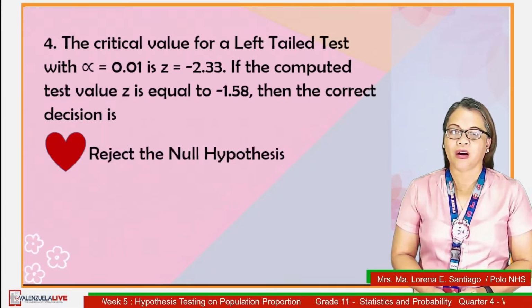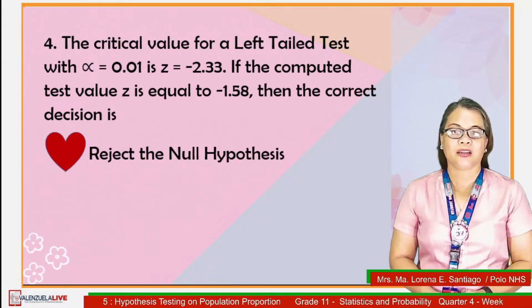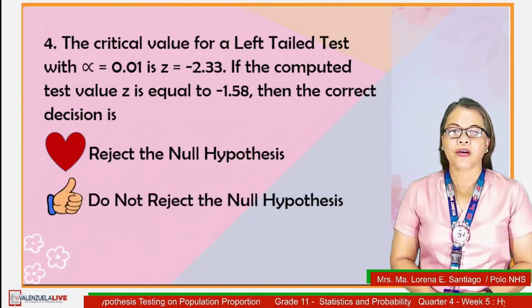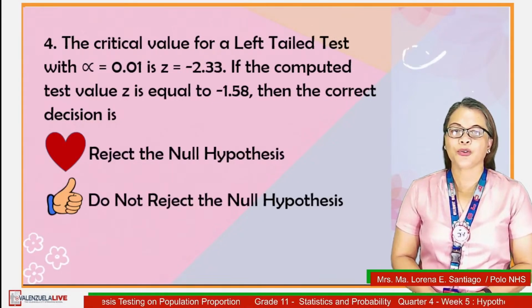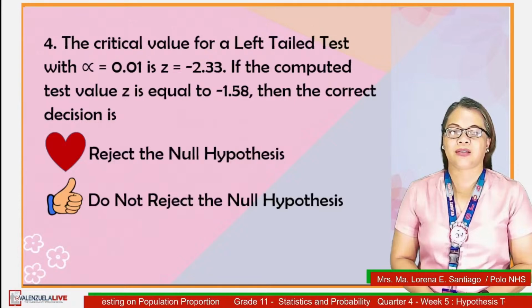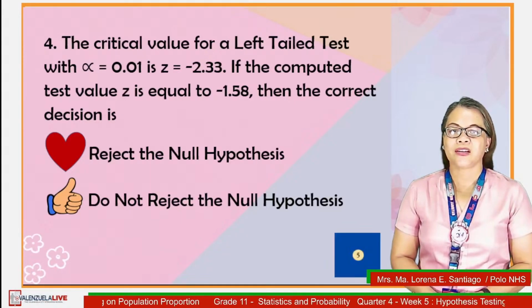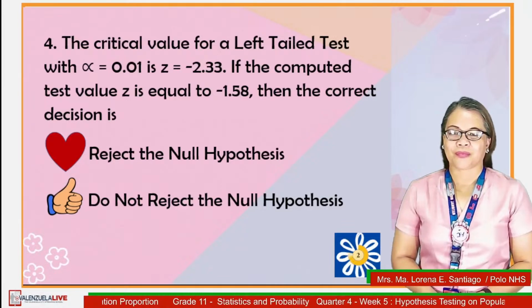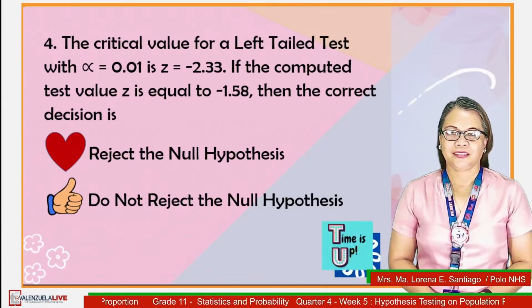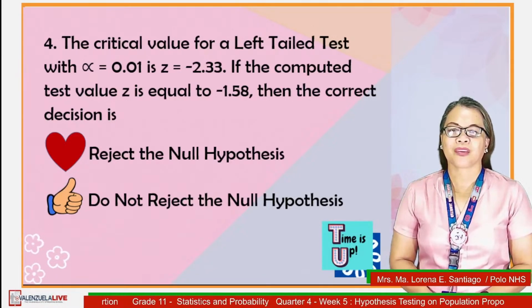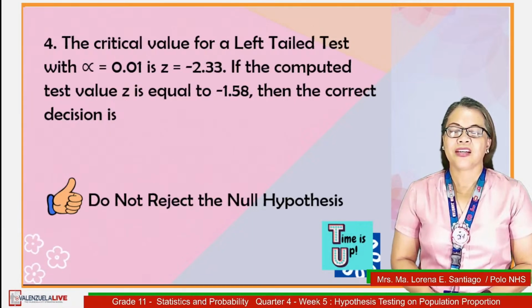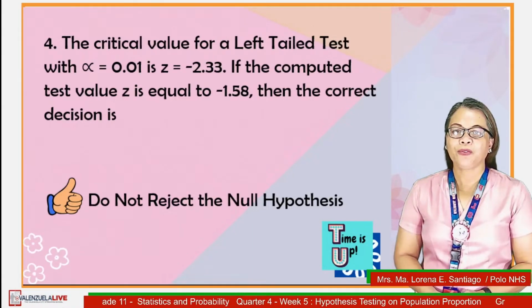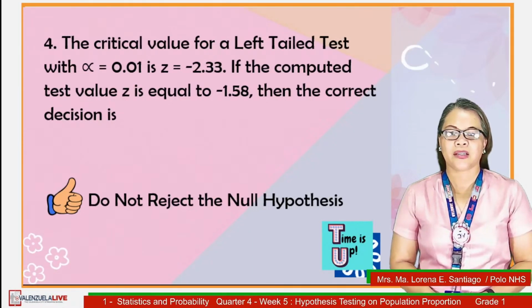Is it a heart, which is to reject the null hypothesis, or a like, which is do not reject the null hypothesis? Time starts now. Time's up. The answer is yes, we do not reject the null hypothesis.